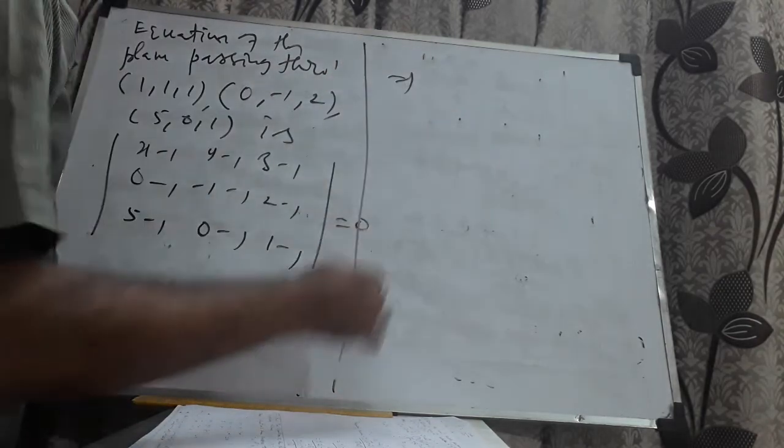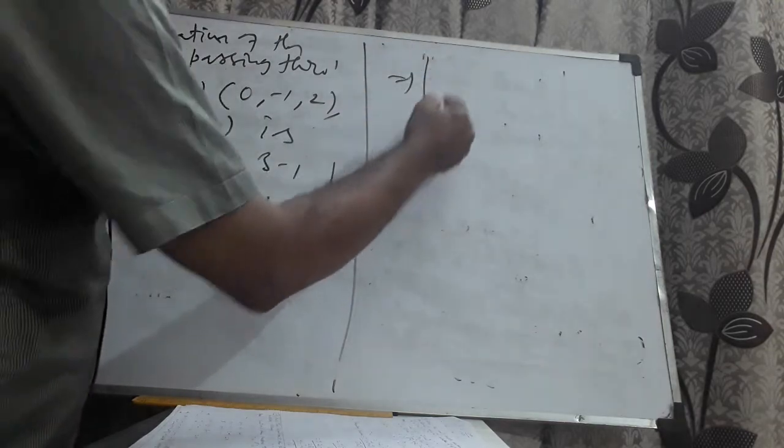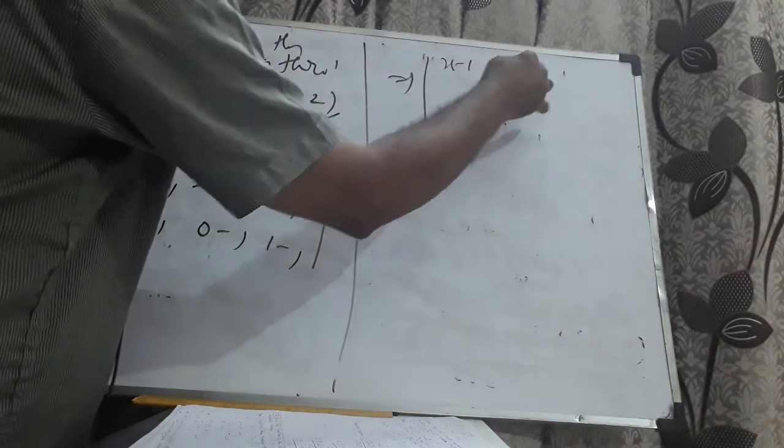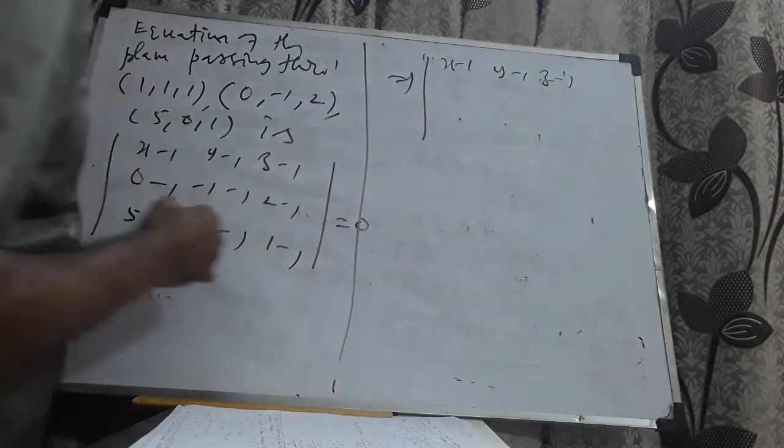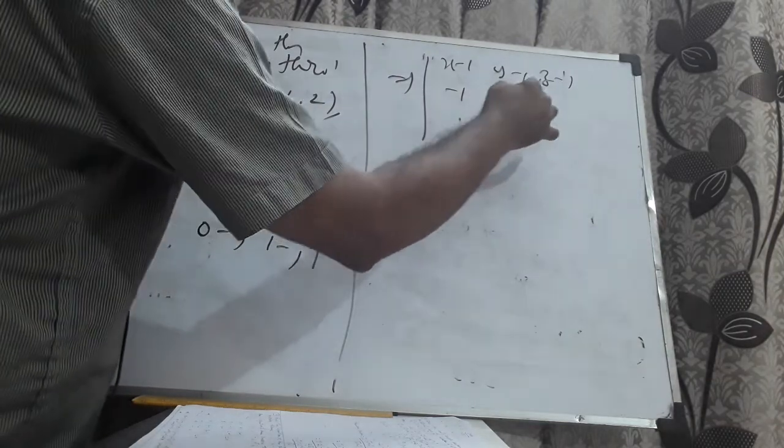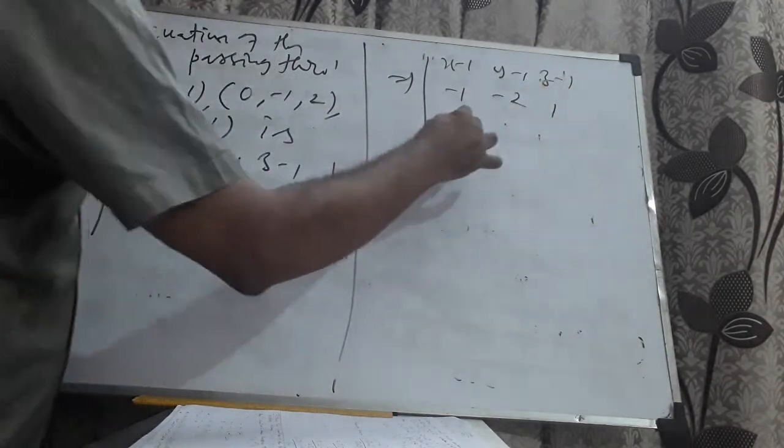Which implies the determinant x minus 1, y minus 1, z minus 1; minus 1, minus 2, 1; 4, minus 1, 0.